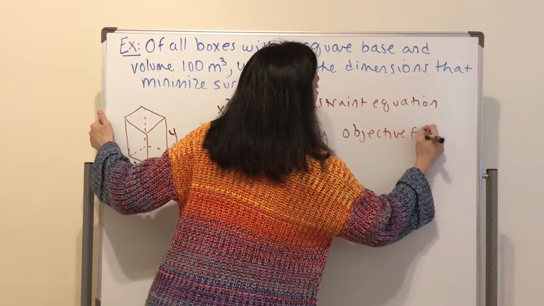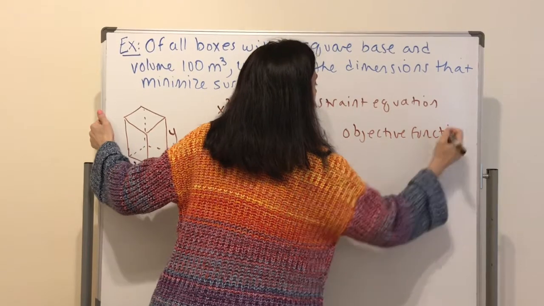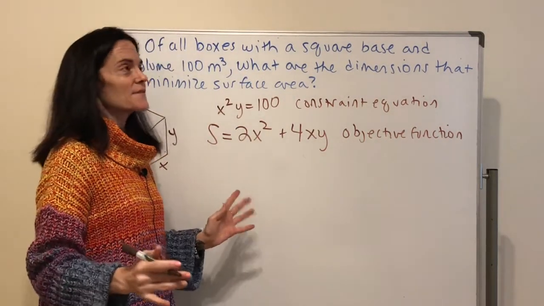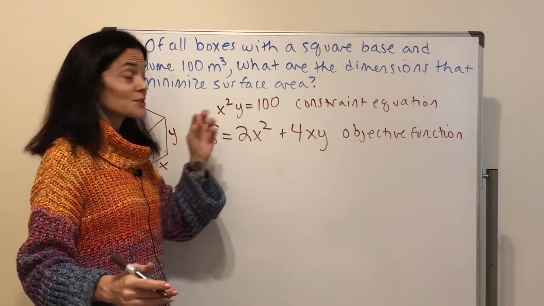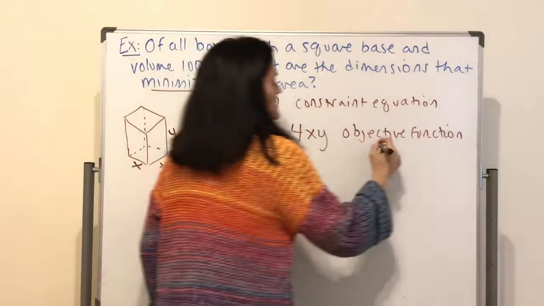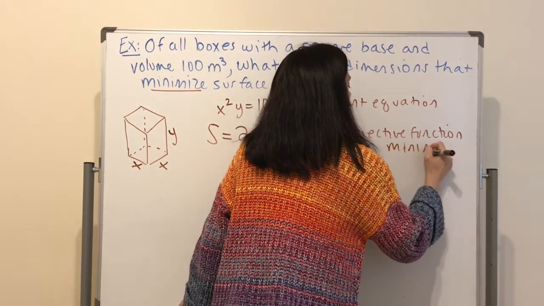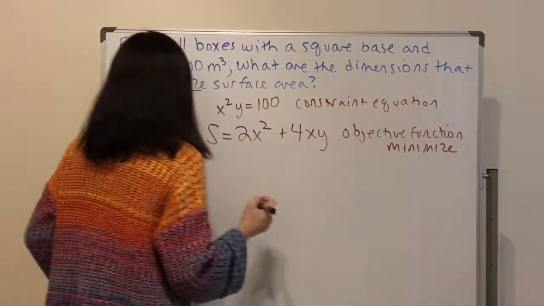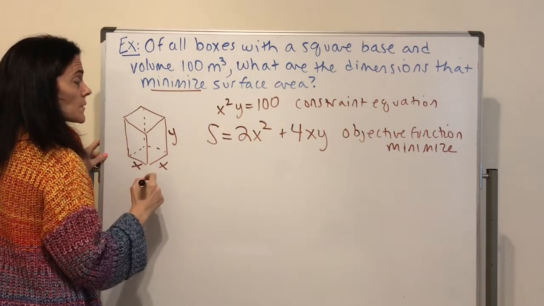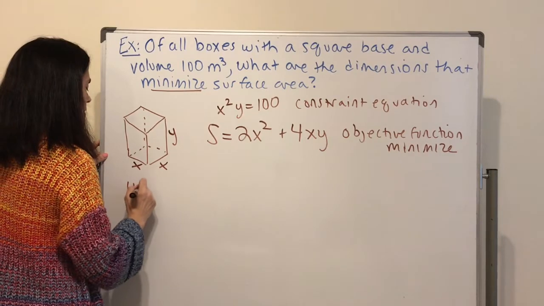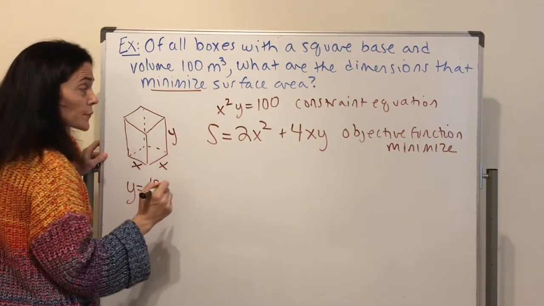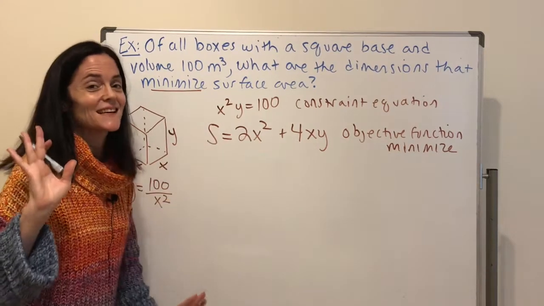And as it's written right now, we have 2 variables, but we will write this in terms of 1 variable, just like we did in the first example, using the constraint equation. We want to minimize. Okay. Here we go. I'll just solve for y in terms of x. That way I don't have to take a square root if I try to solve x in terms of y.